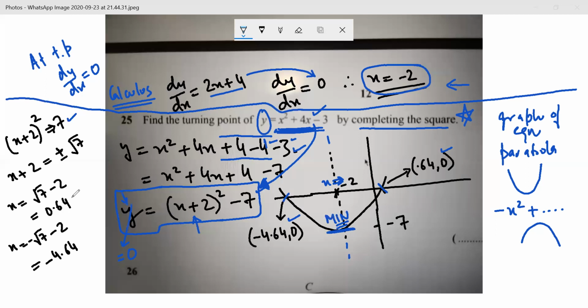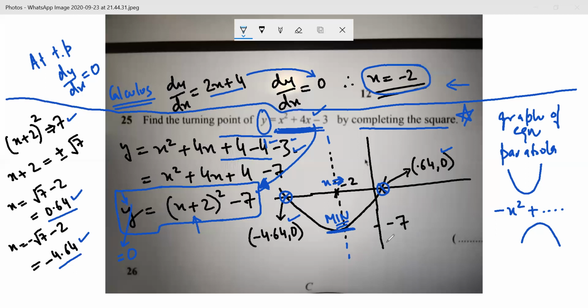I can calculate the two values of x where y would be 0, and therefore this point and this point are basically the roots of the equation. Any doubt? No, sir.